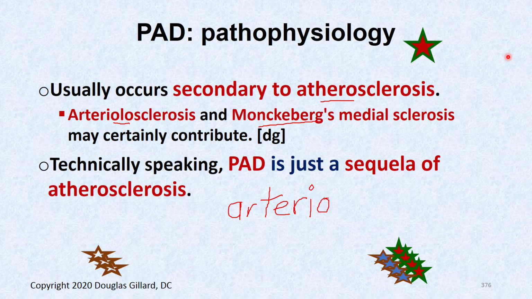Arterio, and then sclerosis. I'm writing with my finger. I don't have one of those pens that you guys have. Sclerosis. That's the parent category. And underneath the parent, the three children are atherosclerosis, Monckeberg's medial sclerosis, and arteriolosclerosis.